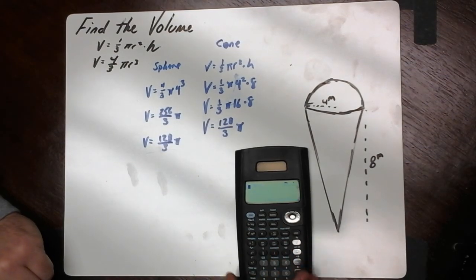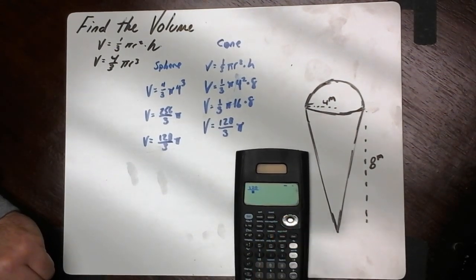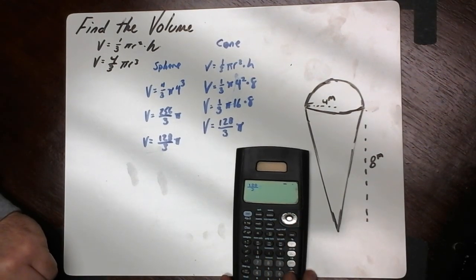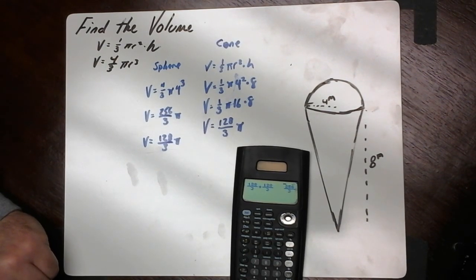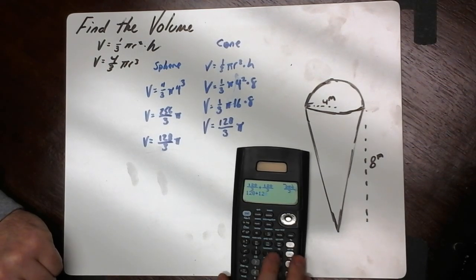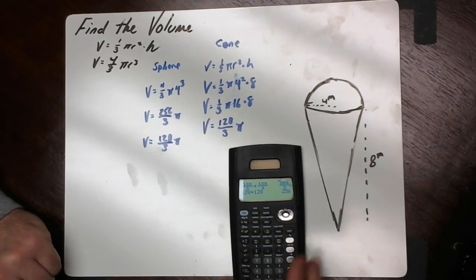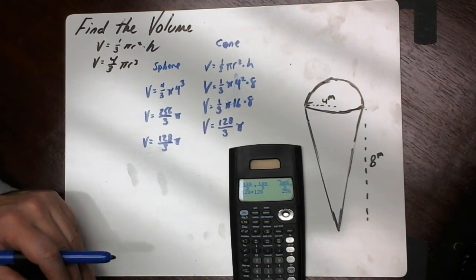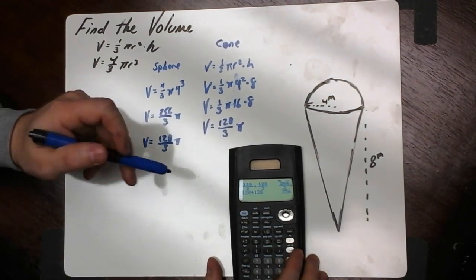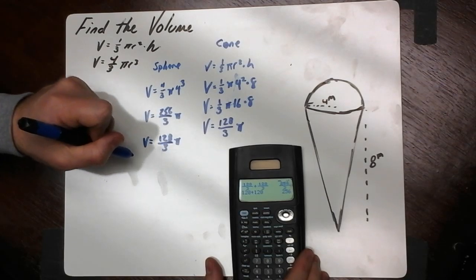I personally think it's easier for me to say 128 over 3 plus 128 over 3. If I don't have a fancy calculator, I would just be doing 128 plus 128. I got 256. A little bit more straightforward than working with decimals, in my opinion.